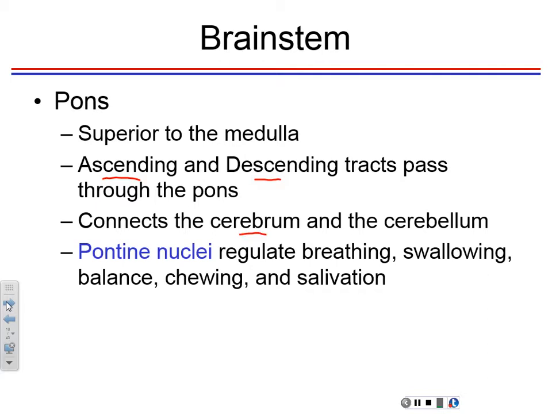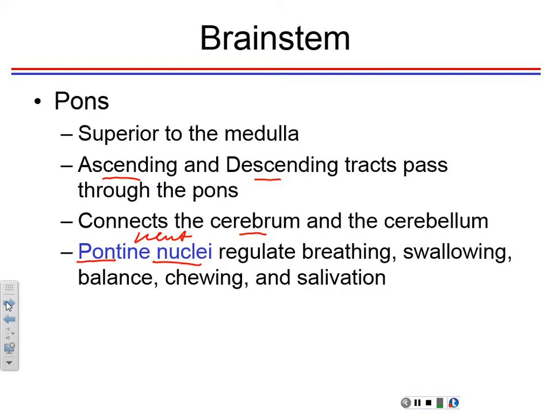There are little nuclei. Remember, a group of neuron cell bodies in the central nervous system is called a nucleus.